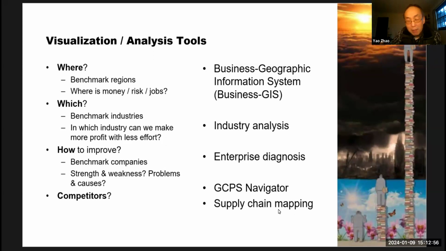And finally, we'll be able to map a company or an industry onto the supply chain, to find out the upstream and downstream industries and potential suppliers and customers. But of course, you can imagine more. I would say these analysis tools, if we can have them, would be really, really useful.